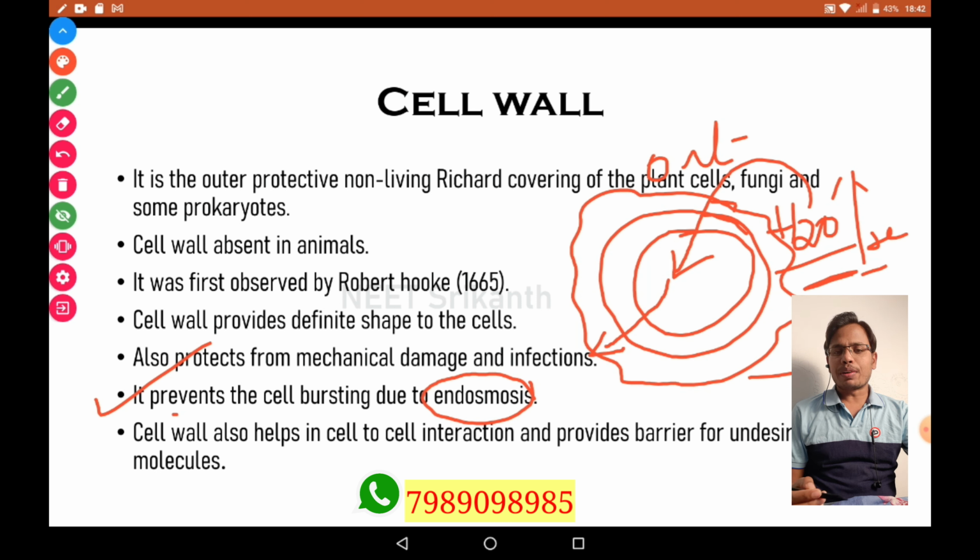Now what happens? The cell would burst. But the plant cells have the cell wall. Because of the cell wall, when endosmosis happens, there is no question of cell bursting. So the cell wall also prevents the cell from bursting due to endosmosis. Is it clear, beta?